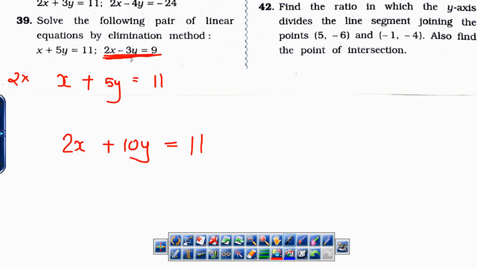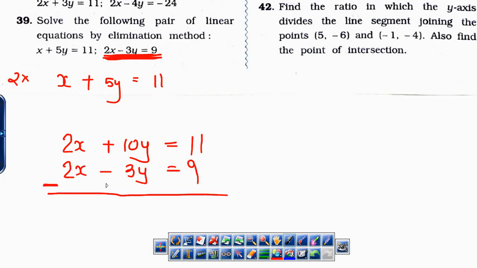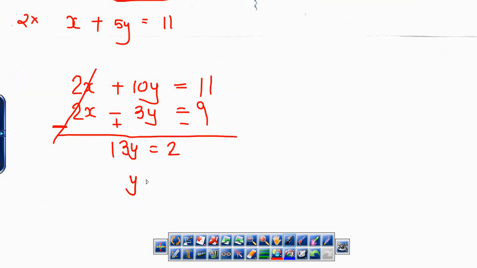Reason: so that its 2x matches with the other one. 2x minus 3y is 9. Change the sign and this gets cancelled. 10 plus 3, 13y is 11 minus 9, 2, and therefore the value of y is 2 upon 13.